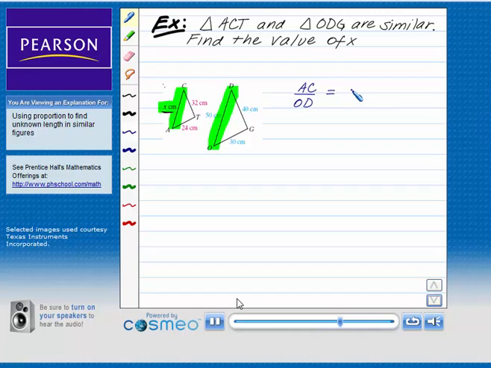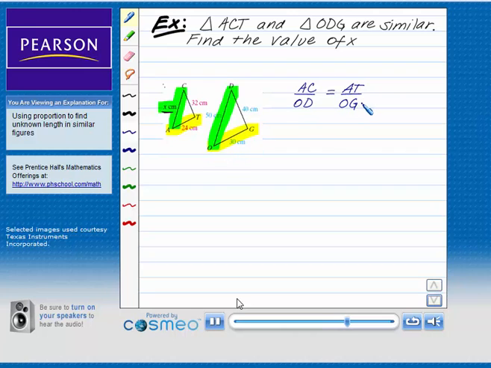And we're going to write a proportion using another set of corresponding sides, like side AT, which corresponds to side OG. So AC is to OD as AT is to OG.